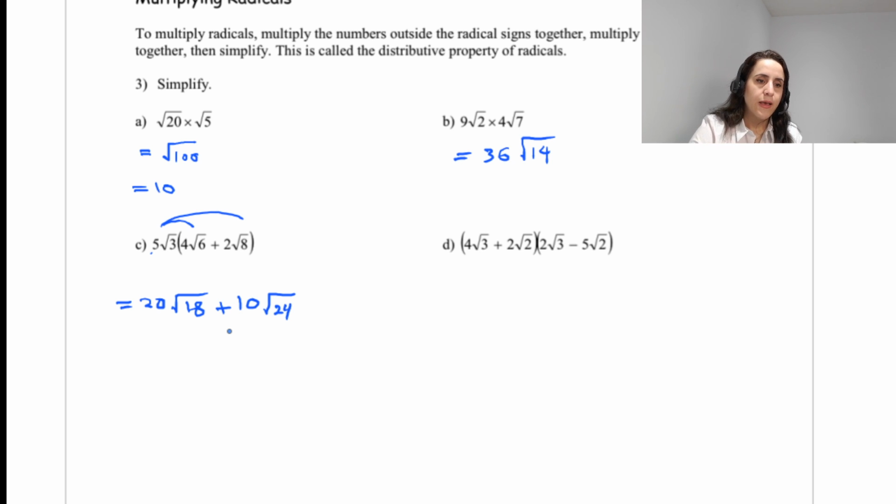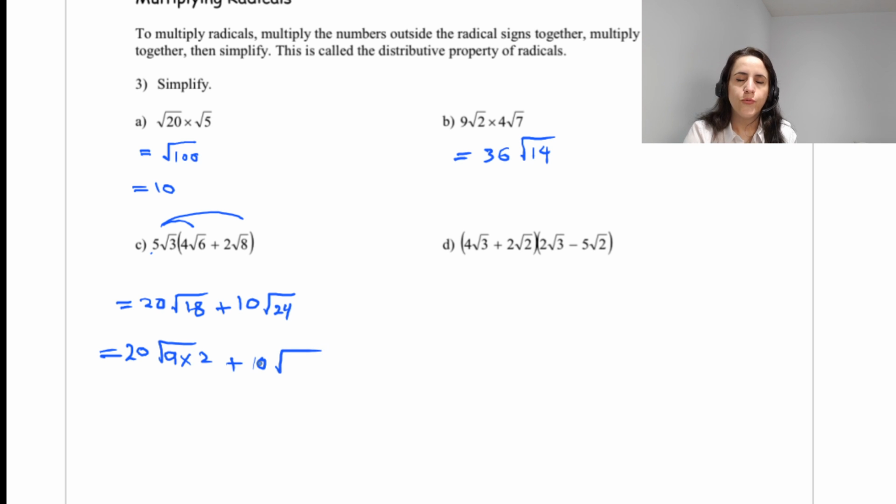I'm done with multiplication, but this question may be simplifiable. Radical 18, I can write as 9 times 2, and 9 is square rootable. How about 24? 24 can be written as 4 times 8 times 3 or 4 times 6. 4 times 6 is much better.